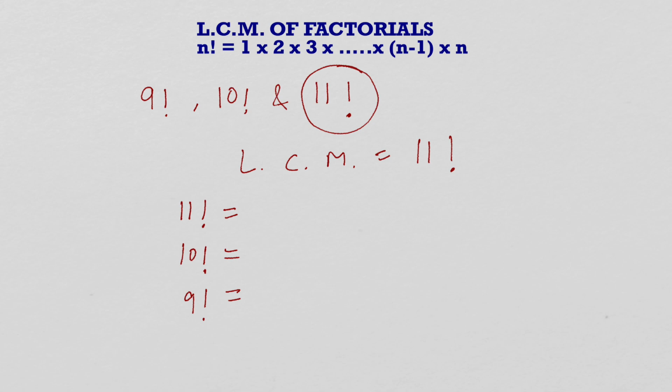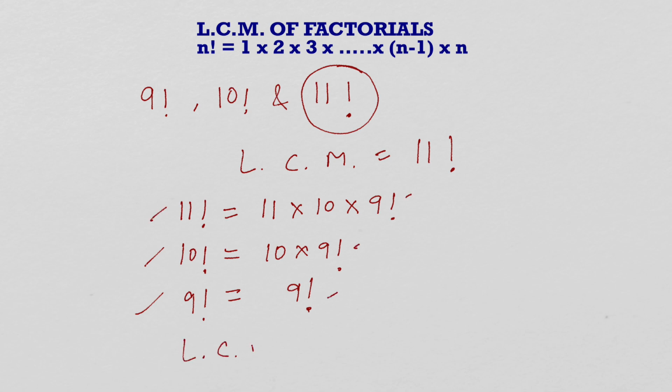For example, 11 factorial can be written as 11 into 10 into 9 factorial, and 10 factorial can be written as 10 into 9 factorial, and 9 factorial is already given here. So as you see, in all these terms we now have 9 factorial common.